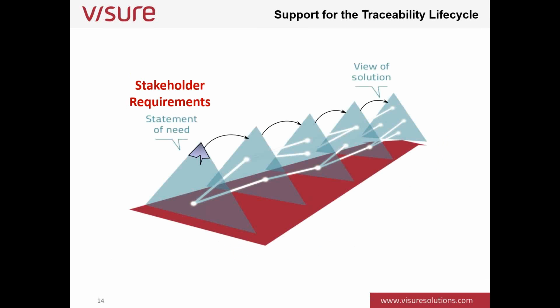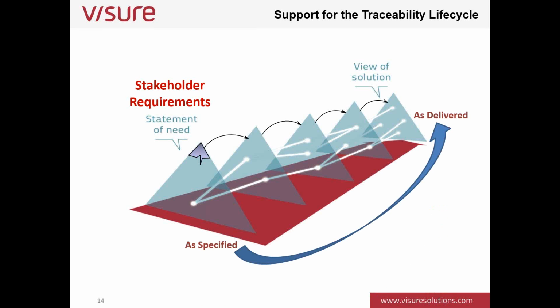Thank you. So the idea here is that we support the traceability lifecycle from, on the left-hand side of the screen, the stakeholder requirements, the statement of need, and maintaining this traceability through different documents and different parts of the project management process until we end up with a view of the solution.